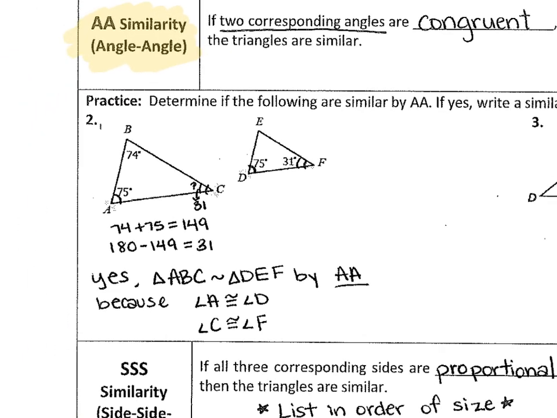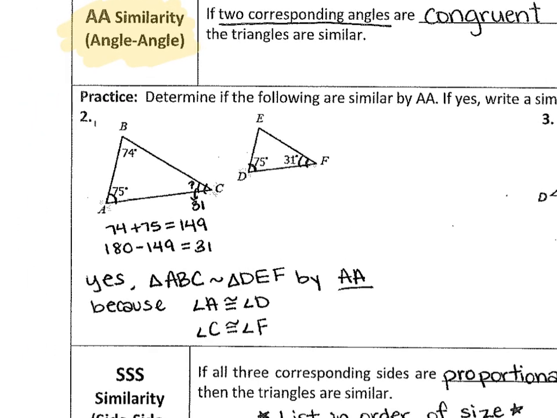Obviously, number 2 is done for you. If you see what Miss Caldera did with her notes, she said, if we look at this image, angle A and angle D were marked as 75 degrees. That's one pair of congruent angles. Then we noticed that angle C and angle F had two arc marks.